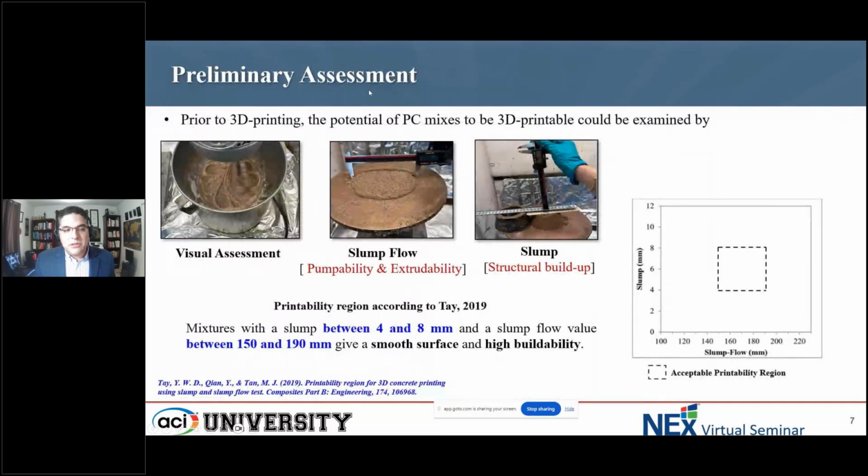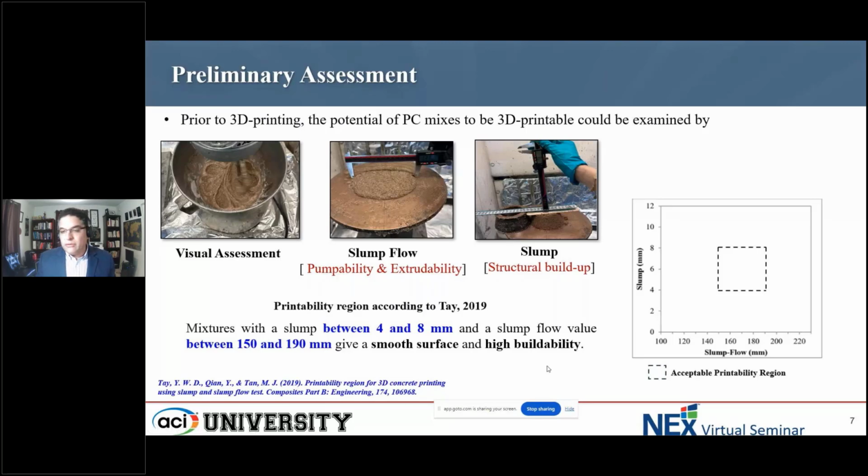So the preliminary assessment we do is, of course, a visual assessment, but two things we look at: both the slump and the slump flow. There is research published by Taha from 2019 and other research, including our work on polymer concrete, showing that typically the material will be printable if we have a slump within the 4 to 8 millimeter range and the slump flow in the 140 to 190 millimeter range.